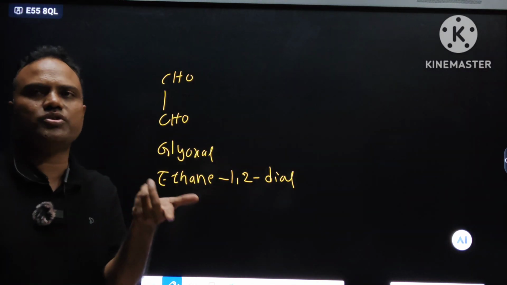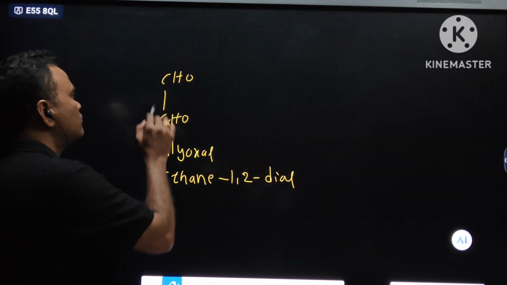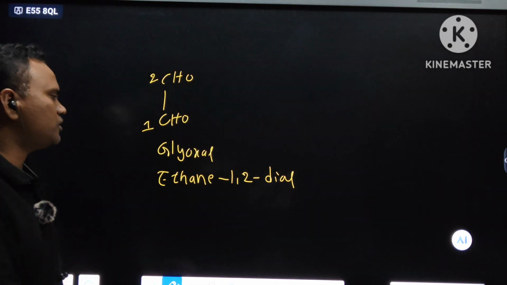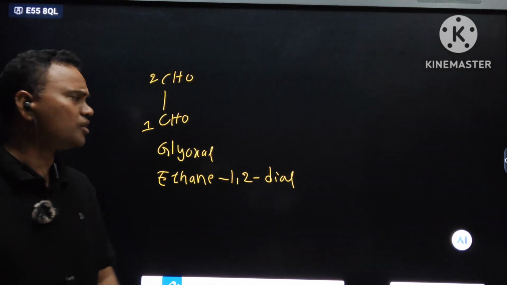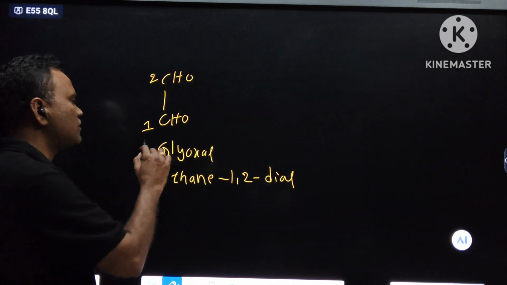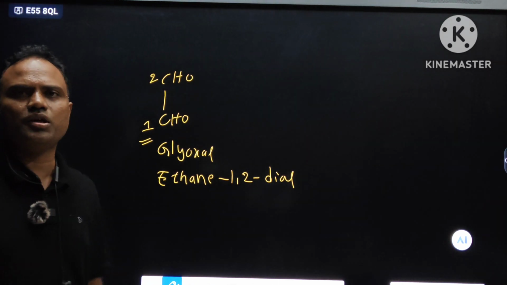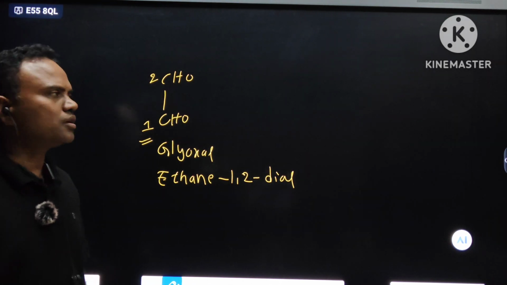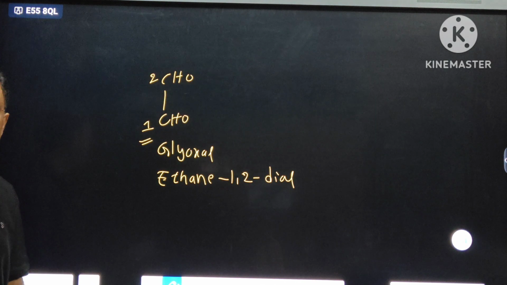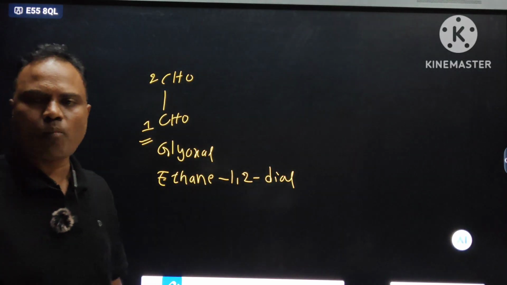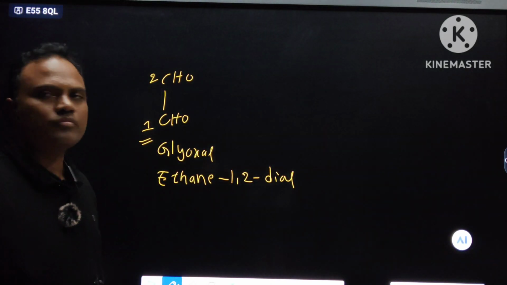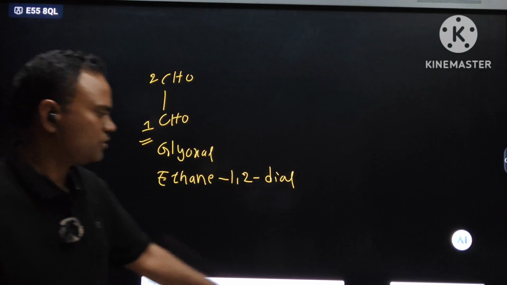But what is the position? 1, 2. Ethane-1,2-dial. The common name is important: glyoxal. Okay. Right. Next, let us try some different example.